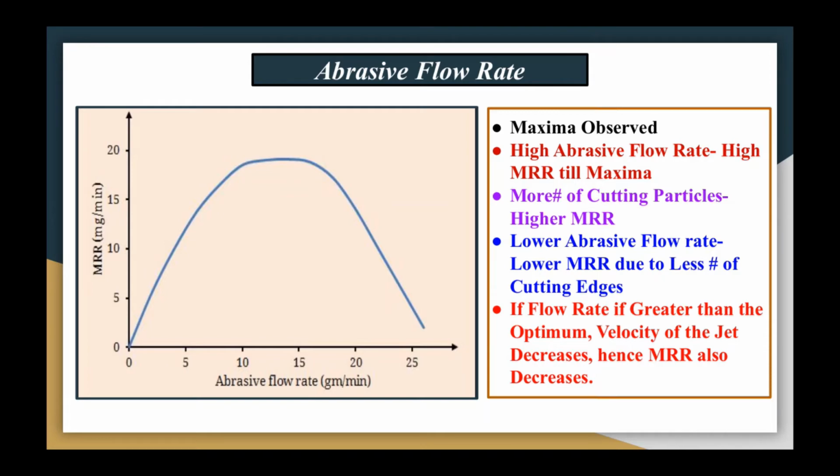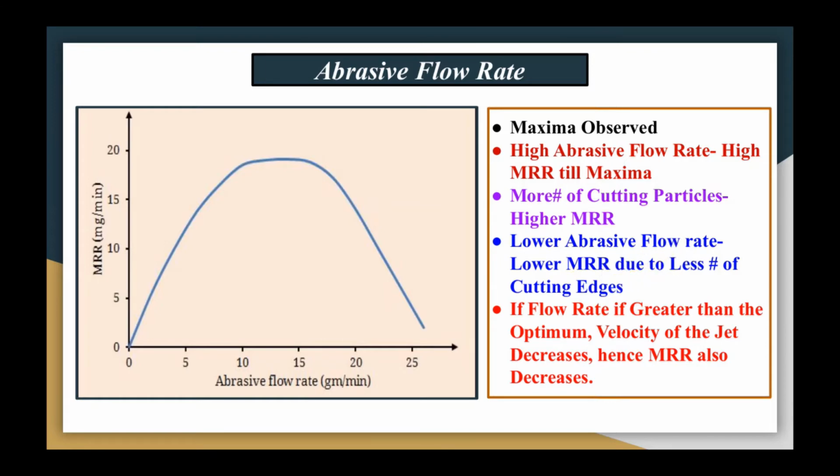As you keep increasing the flow rate, the number of abrasive particles that remove the material, or cut the workpiece material, keeps on increasing. As a result of that, you can see MRR is increasing up to the maxima point. Now at a lower abrasive flow rate, you will get lower MRR due to the smaller number of cutting edges, or fewer abrasive particles.